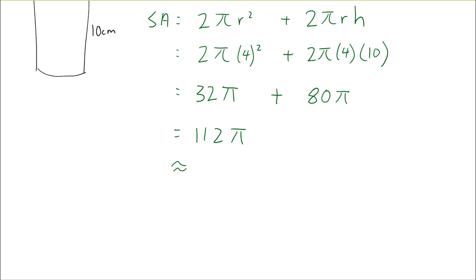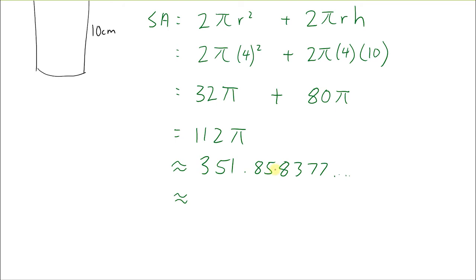So if you punch this into a calculator, you would end up with 351.858,377, and it keeps on going. The answer is supposed to be with 2 decimal places. So we want to round it off right here.